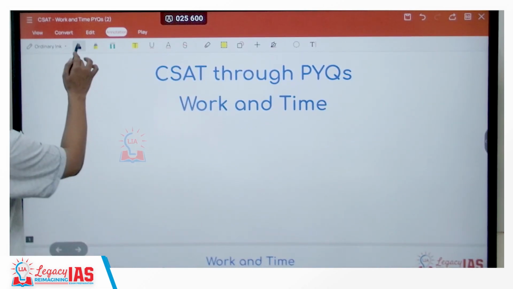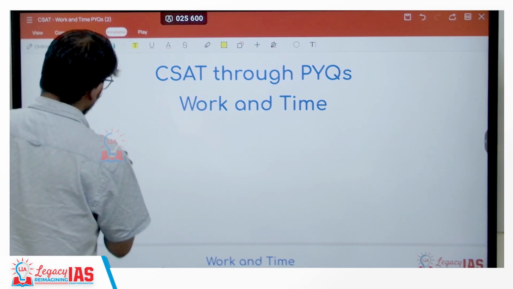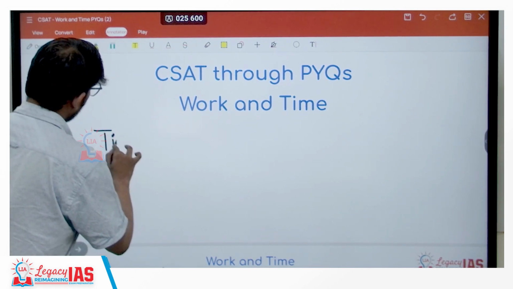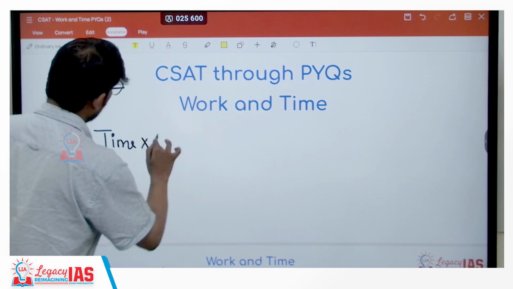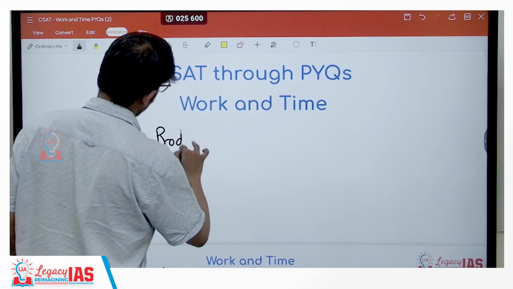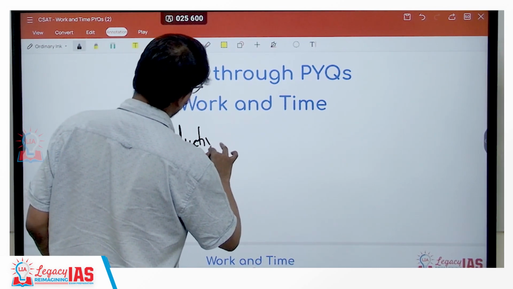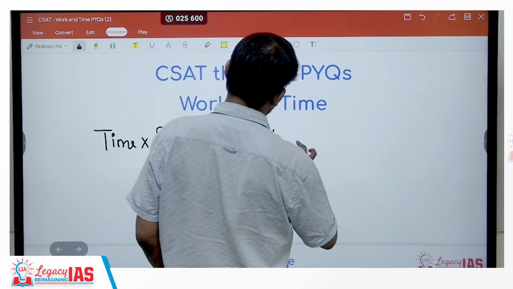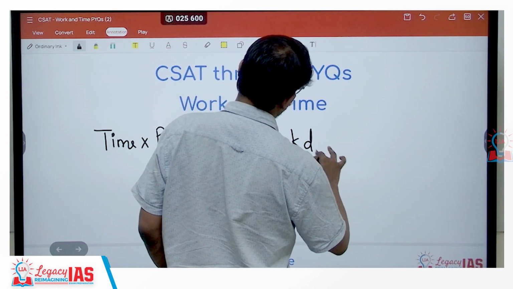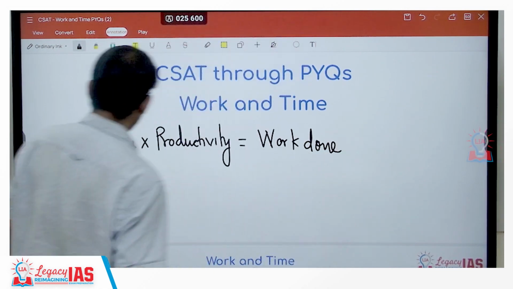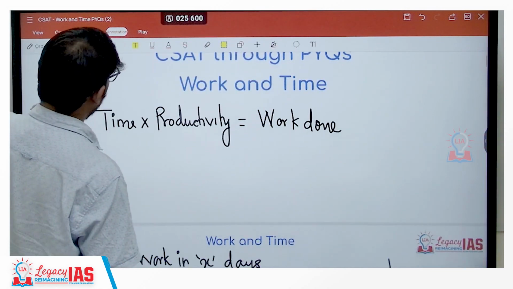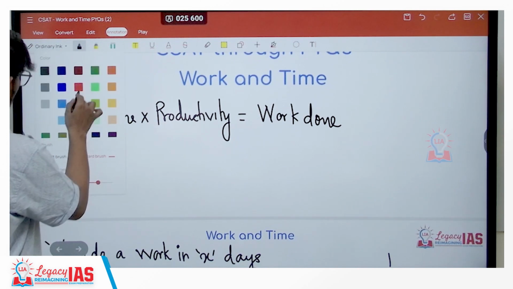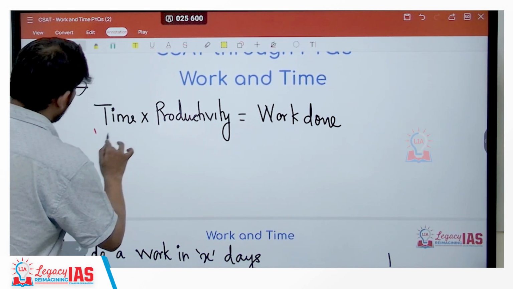Another thing which I am going to give you is this formula. Time into productivity is equal to work done. Remember this. Now what is this? When I say time, what do I mean by time? Let's define this for better understanding.